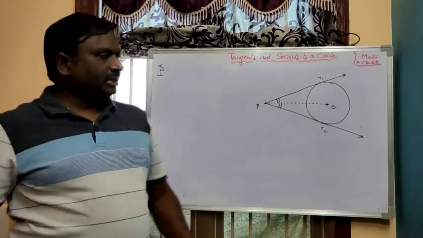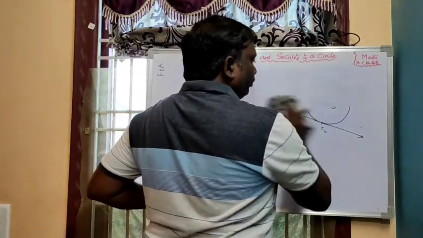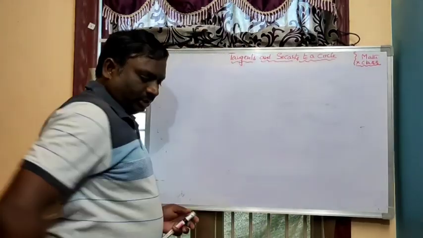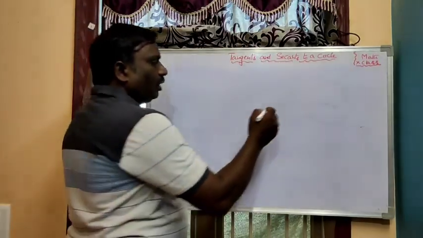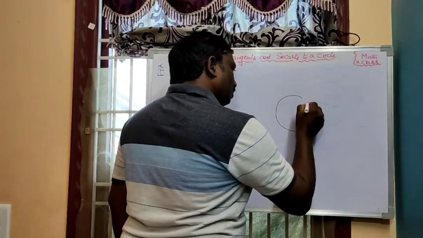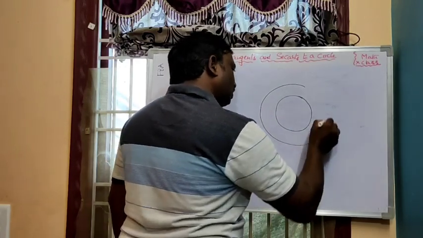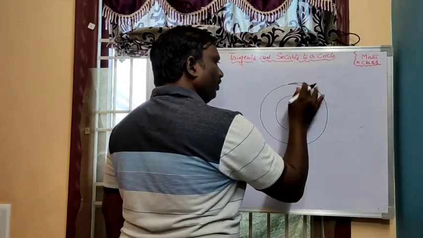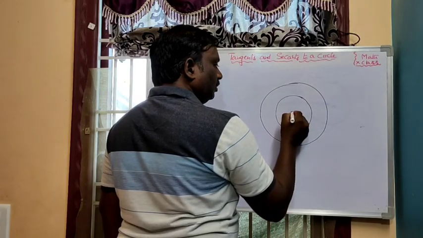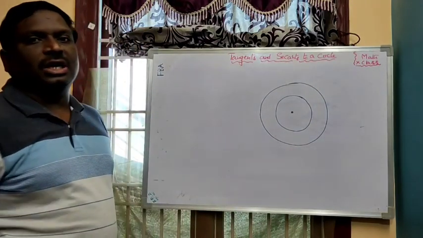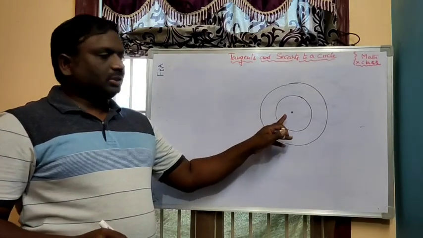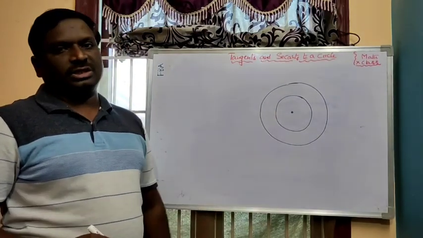Then coming to the second statement. What is the second statement? Two concentric circles. All of you know about concentric circles. Concentric circles means two circles having the same center. That means these two are concentric circles with the same center.